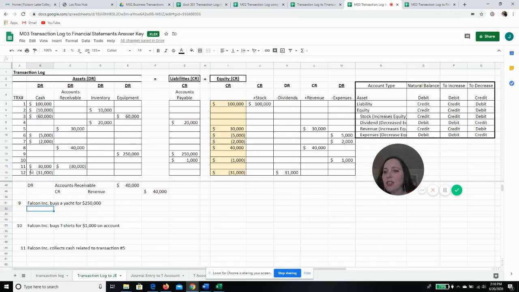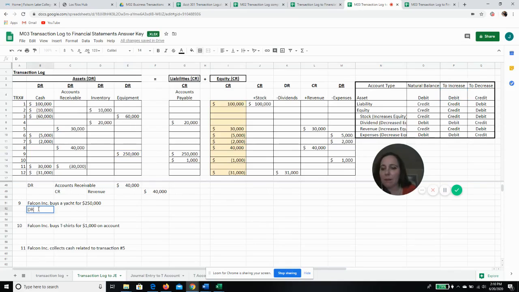All right, transaction 9, we bought a yacht. Oh, I'm so excited about that yacht. All right, so we increased equipment. We called the yacht equipment for $250,000, and we increased accounts payable for $250,000. So let's start with our increase to equipment. Equipment is an asset, so we increase an asset with a debit.